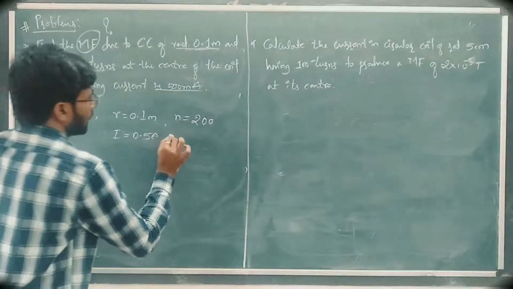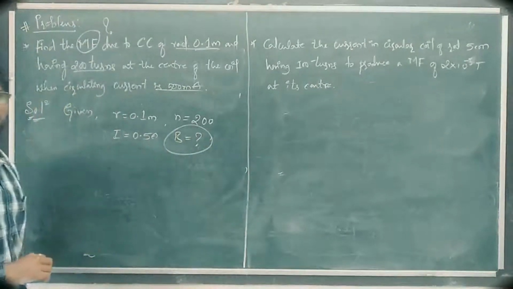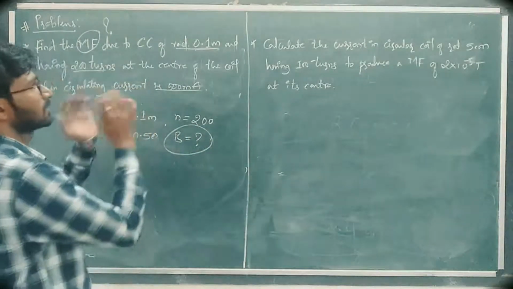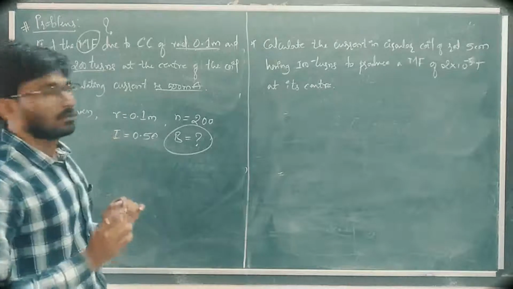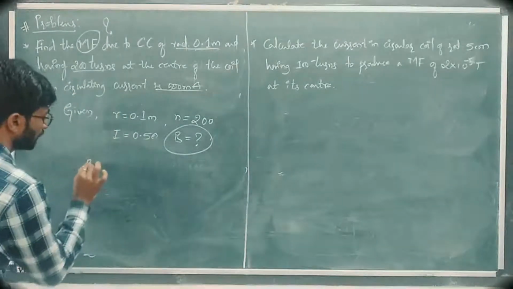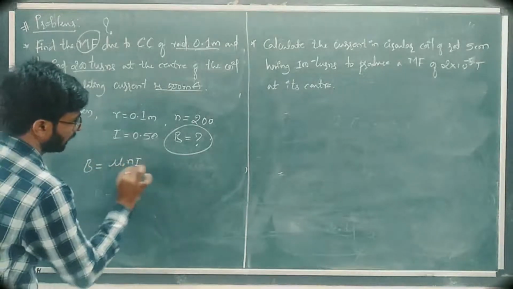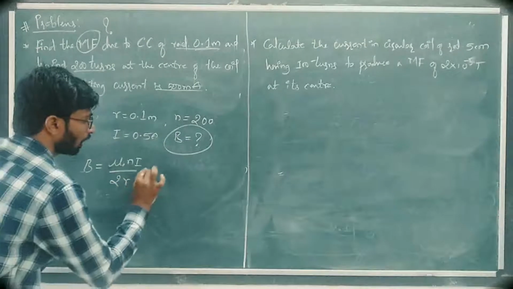Now they ask what the magnetic field will be. At the central point of the coil, what will be the formula for the magnetic field? We already know that B is equal to mu naught N I by 2R.